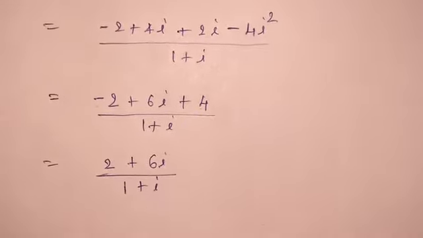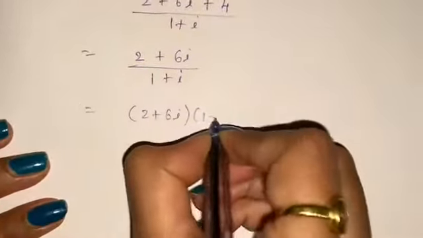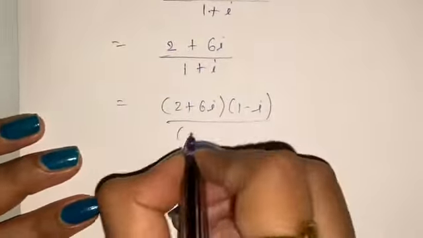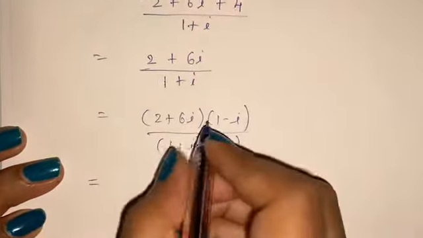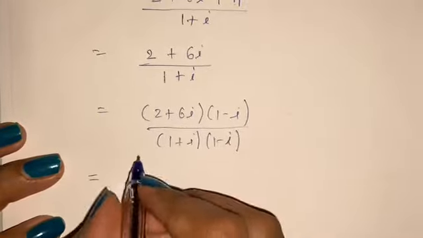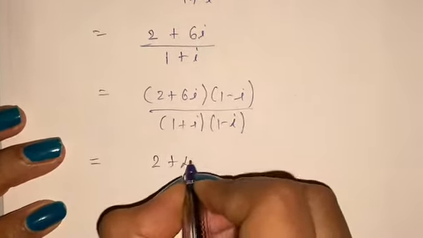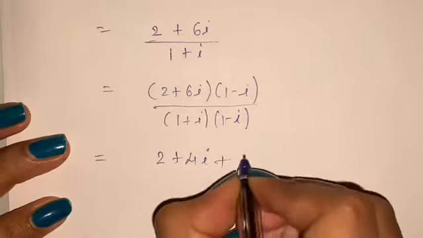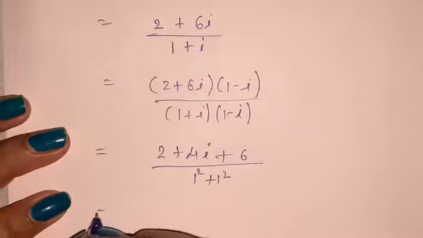Okay, now I will rationalize: 2 plus 6i, 1 minus i, 1 plus i, 1 minus i. You will get over here, directly I am writing, 2 plus 4i plus 6, by 1 squared plus 1 squared.